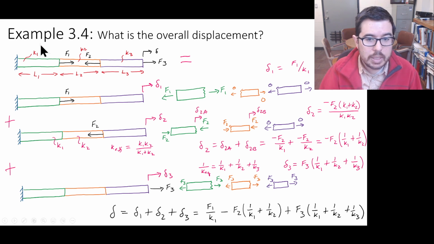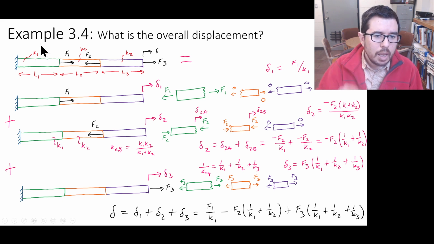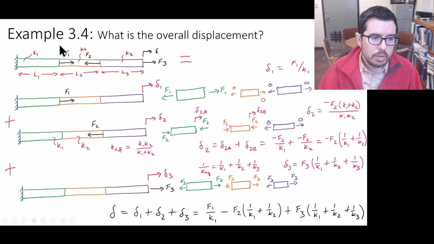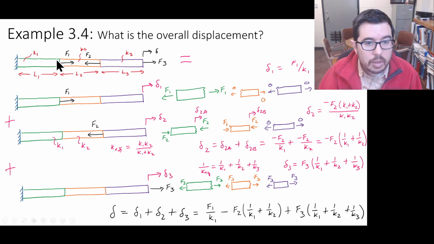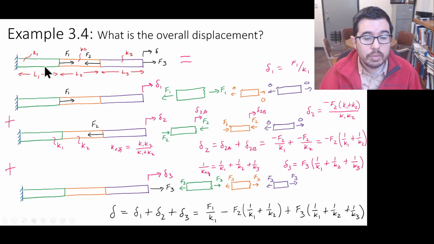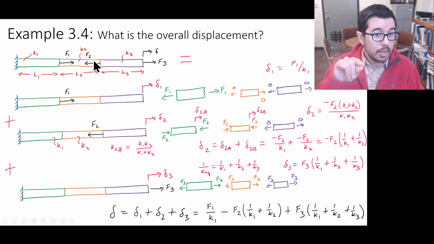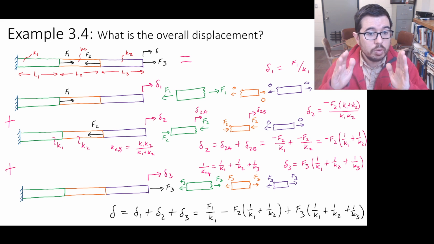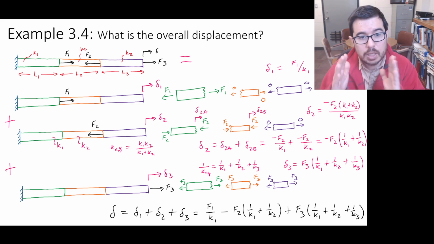I could have said, I'm going to think about delta 1, delta 2, delta 3 as being the elongation or the compression of each of these individual members. And if I do my cuts, I can figure out what the internal forces are in each of these members, and with that internal force in each member, I can figure out what the displacement is.